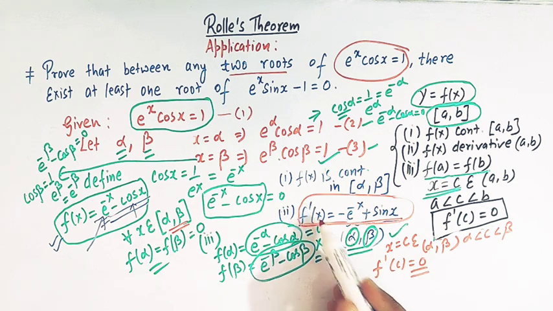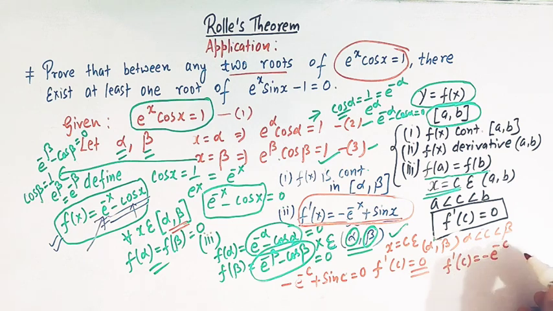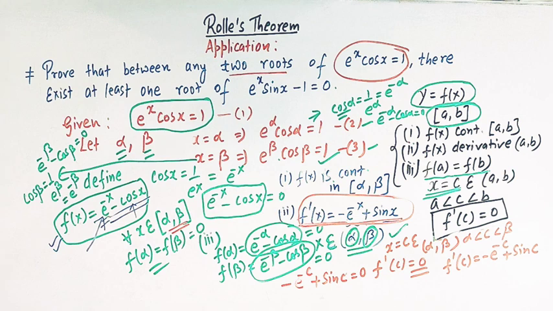So f prime of c is now equal to minus e raised to minus c plus sine of c is equal to 0. So now we have this equation: minus e raised to minus c plus sine c is equal to 0.